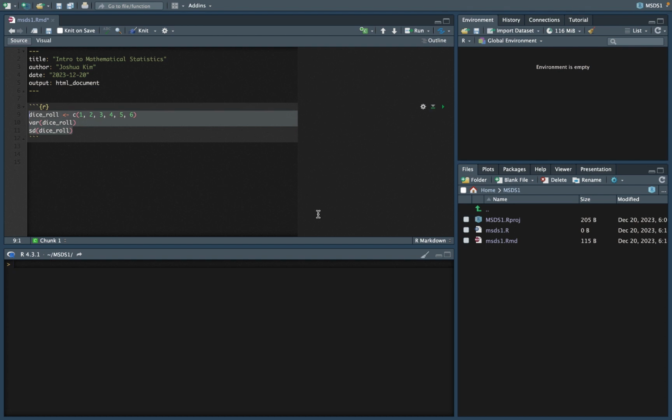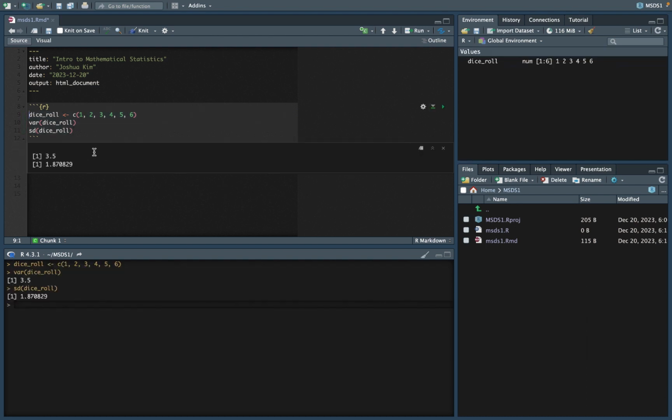So if you run that, okay, the variance, like I said, is 3.5, and then the square root of it is the standard deviation.